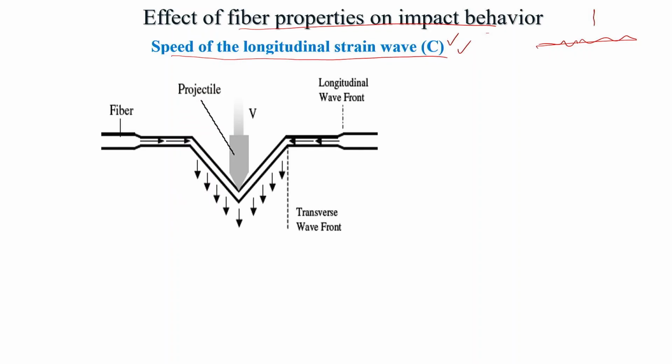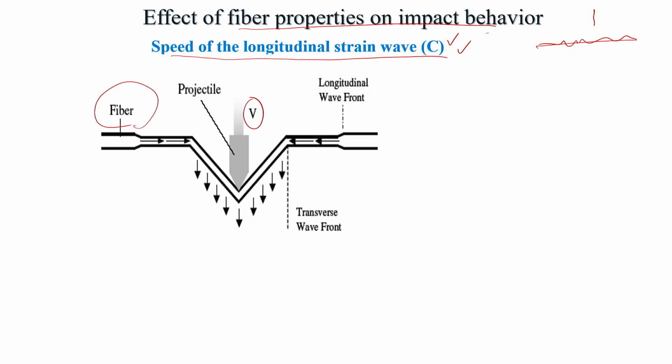You can see here, this is the fabric which is made of fiber, and when the projectile hits at speed, say v, the fiber will get stressed.